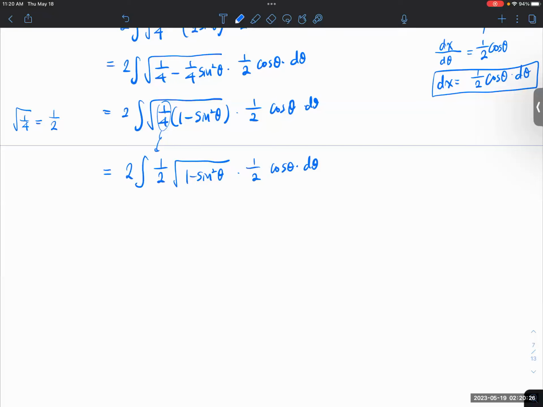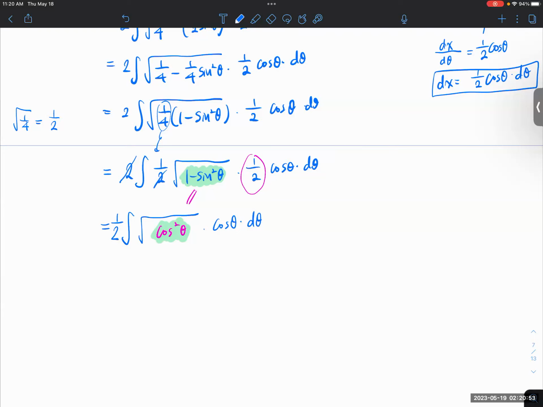So I can simplify, the 2s are going to be canceled, right? So the integral, and one thing: 1 minus the sine squared theta is the same as cosine squared theta, correct? According to the trigonometric identity. And I'm going to bring 1 over 2 to the front, and then I have cosine theta d theta.